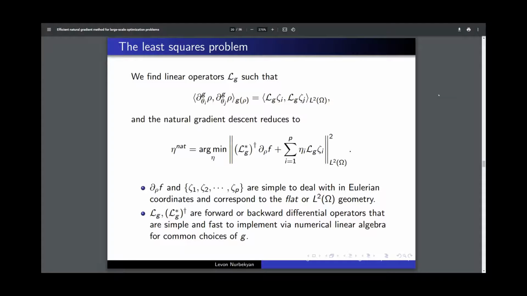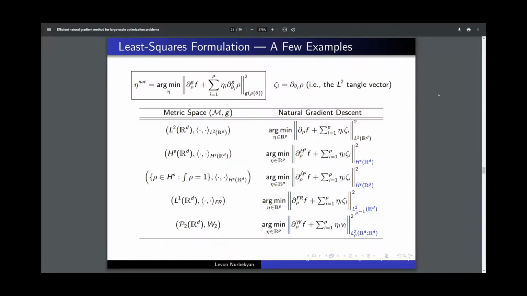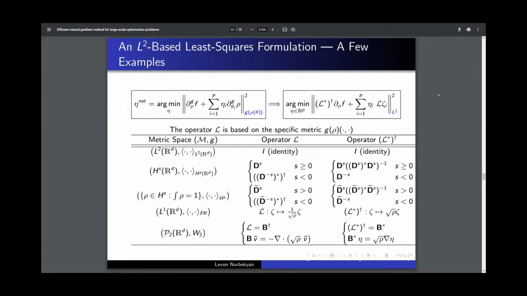One is affecting the flat gradients, and the other one, the inverse or generalized inverse, is modifying your flat gradient. So you take your generic non-flat problem and make it into a least squares problem, and you can tackle that with standard numerical linear algebra techniques. These are just a few examples, so we don't need to go into details here, but if you take different metric spaces, then these are the corresponding least squares problems.